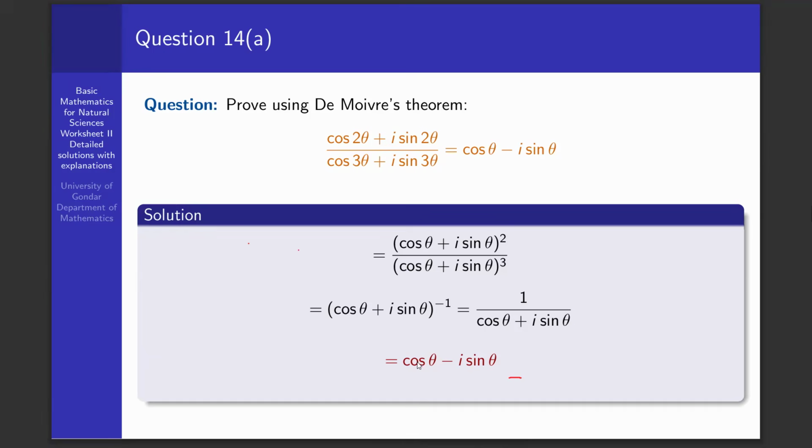So that becomes cos theta minus i sin theta over 1, or cos theta minus i sin theta. Therefore, this is how we can approach proving this expression.